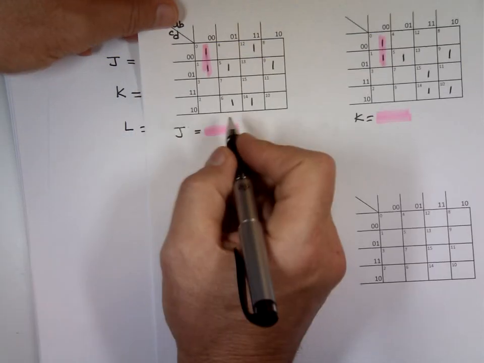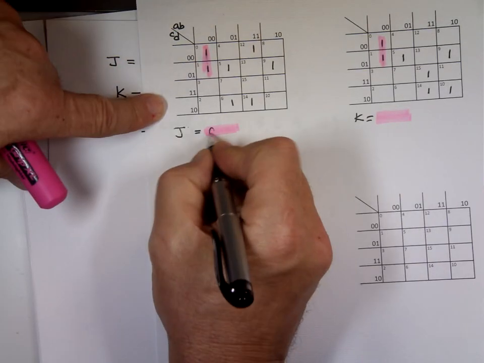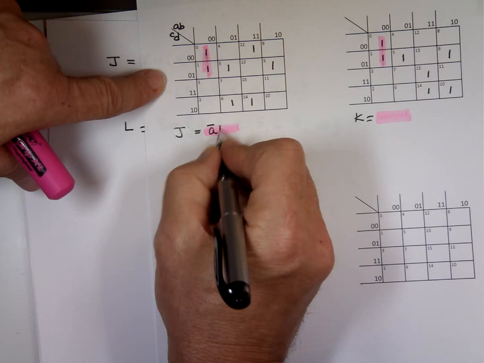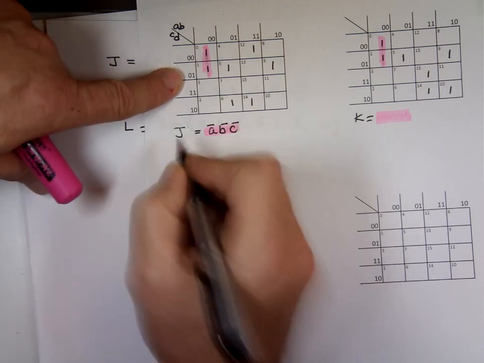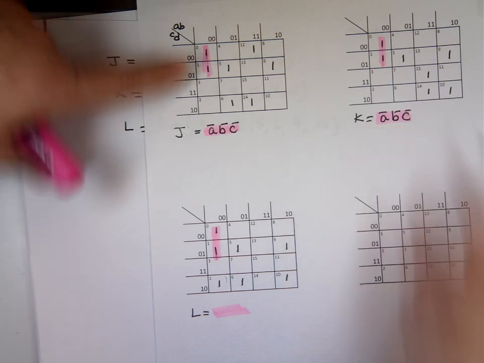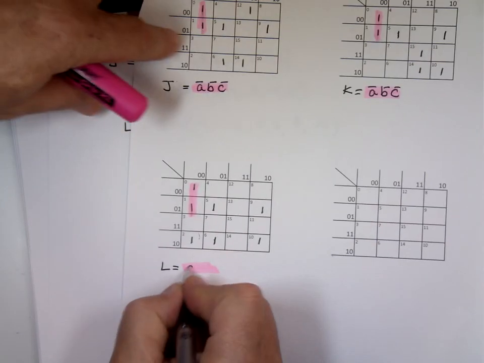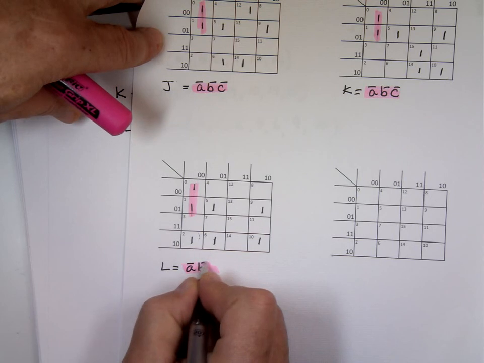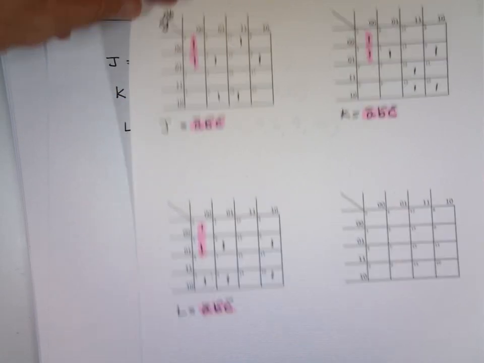So if I look at that, that's what? A bar, B bar, C bar. That's one group that shows up in every one of them.